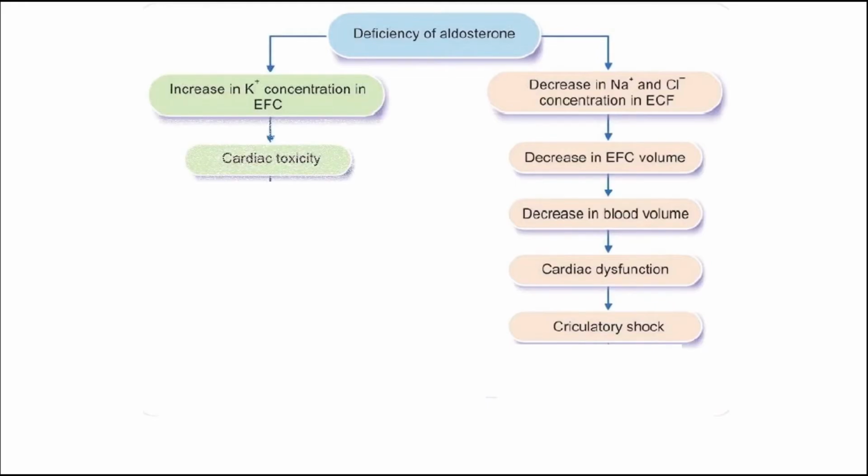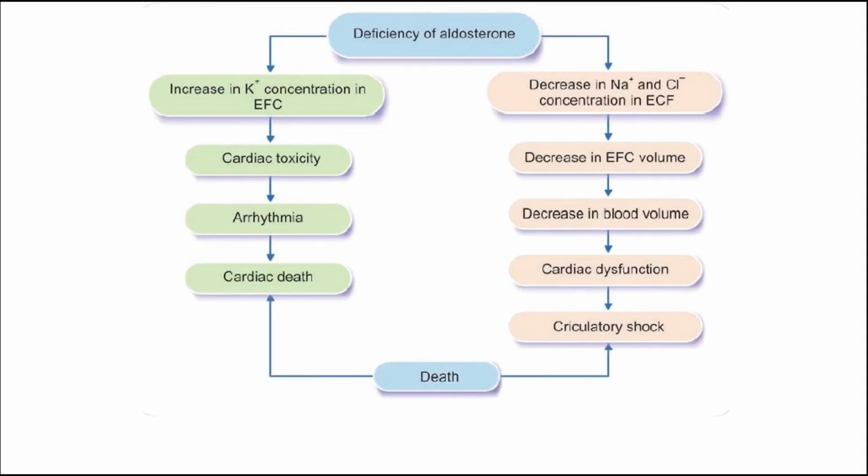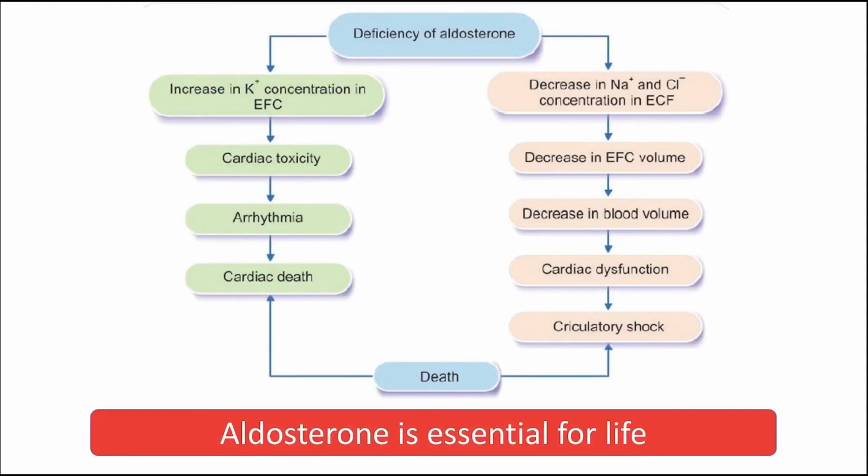Whereas the deficiency of aldosterone also causes an increase in the potassium ion concentration in the extracellular fluid, that will cause hyperkalemia and cardiac toxicity, and may produce arrhythmia and cardiac death. So both of these situations may lead to the death of the subject. That is why aldosterone is essential for life.